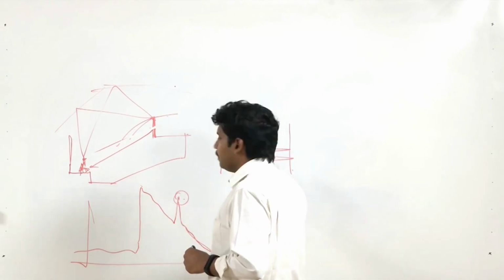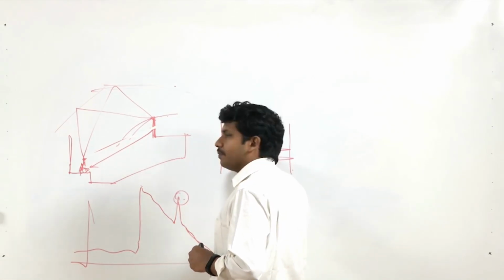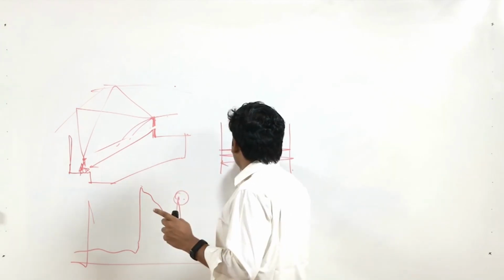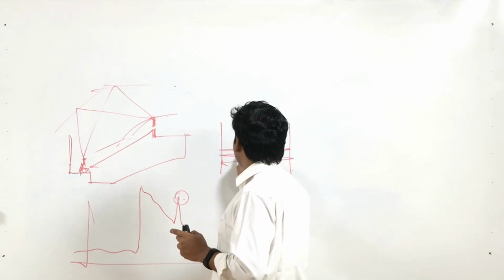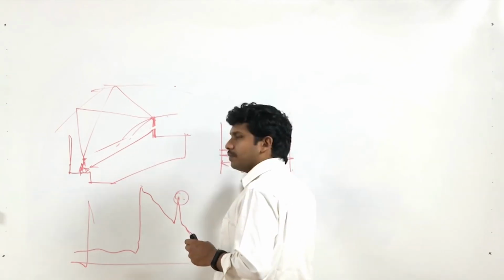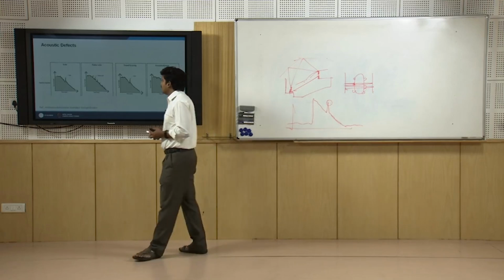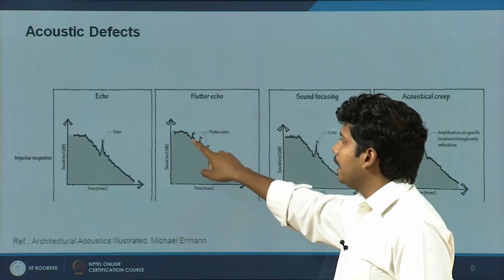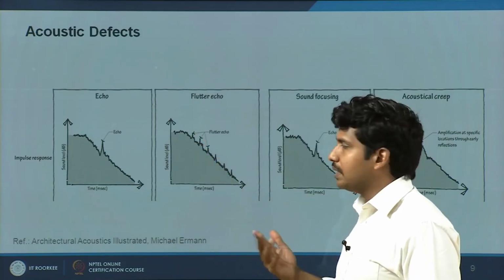A person seated here will first hear one sharp reflection, the first echo, then it hits and comes back, and he hears the second echo. It may be zigzag, but it may also happen in the same plane: third, fourth, fifth. So there will be a lot of impulsive sounds happening one behind the other. This is exactly what is shown here: gradual decay, first, second, third, fourth, fifth, a lot of flutters happening.